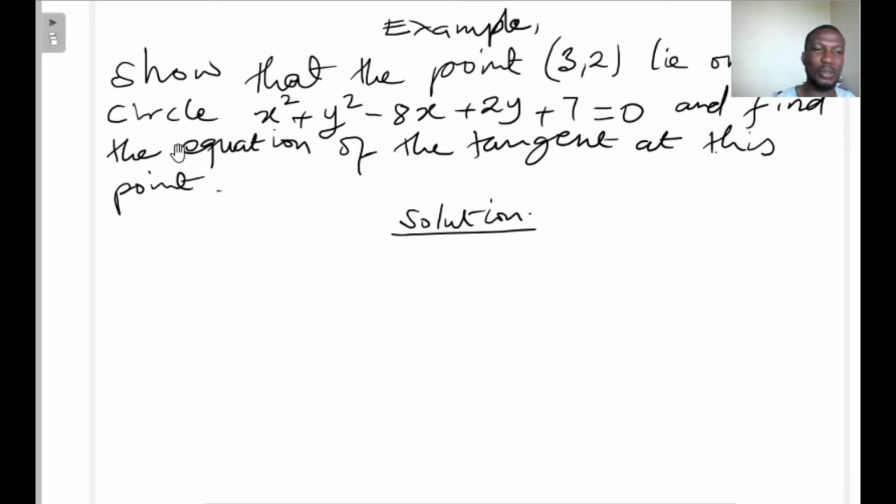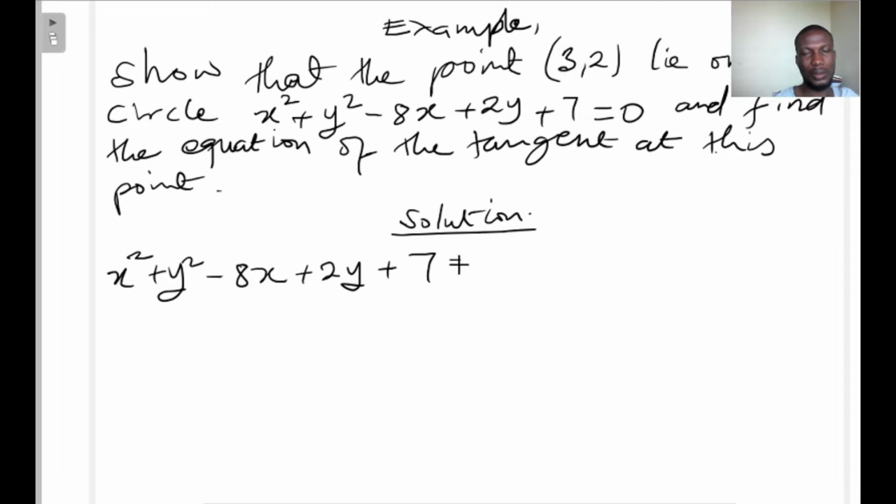So we are just going to follow the steps we have stated to find the equation of the tangent. And we'll start by identifying the equation of our circle, our point, and then the center of our circle. This is the equation of our circle and this is our point.